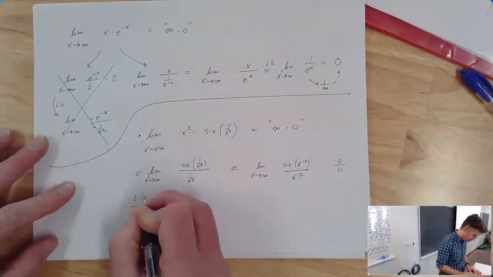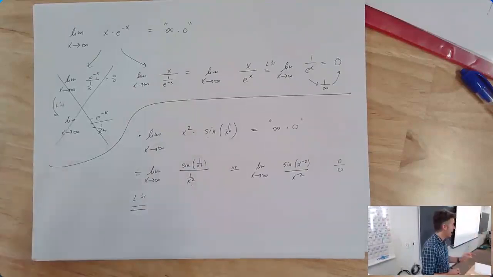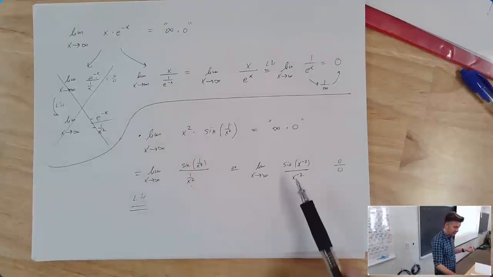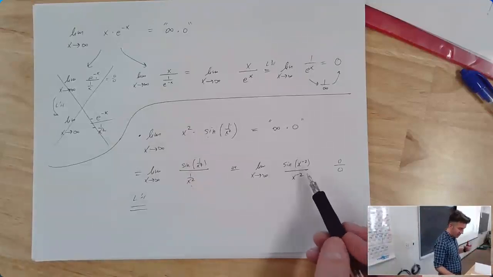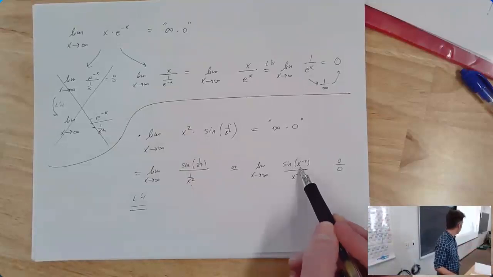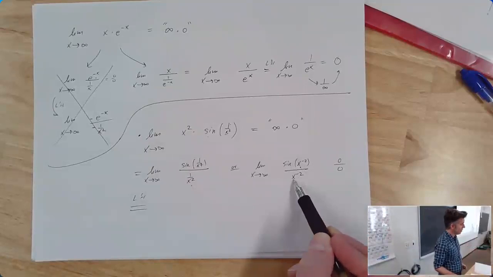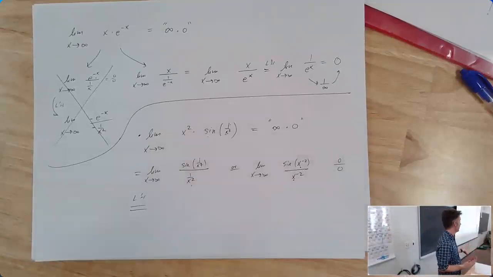Using L'Hopital's rule, here's something to think about as we do this. When I take the derivative of sine of some stuff, I'm going to get cosine of the stuff times the derivative of that stuff. And on the bottom, I'm going to get the derivative of that same stuff. Those two derivatives are going to cancel each other out because they're going to be exactly the same. Here's what I mean.